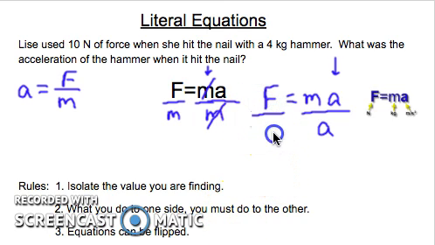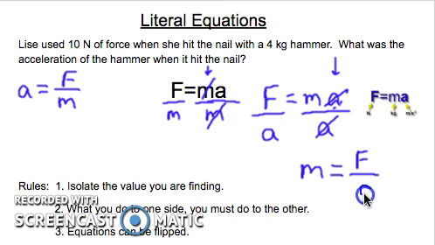So we are going to also divide by a on the other side. That cancels out with that, and you are left with m, and I'm going to flip them just because we can, and I like having the unknown value on the left side. M equals F over a. So does that make sense? Whenever you have something like a multiplication on one side, that's how you would do it.